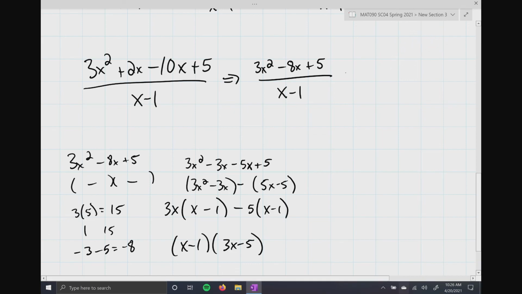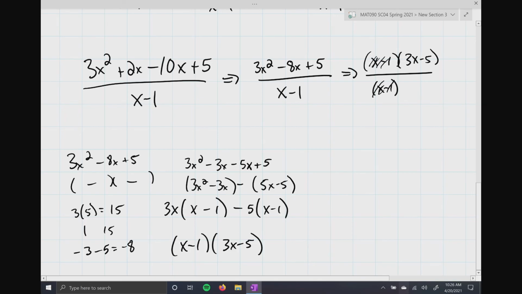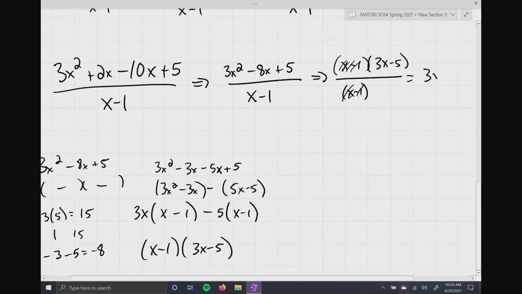So I continue with my problem. I rewrite the numerator as x minus 1 times 3x minus 5 all over x minus 1. The x minus 1s reduce. So your final result, after everything is all said and done, is 3x minus 5.